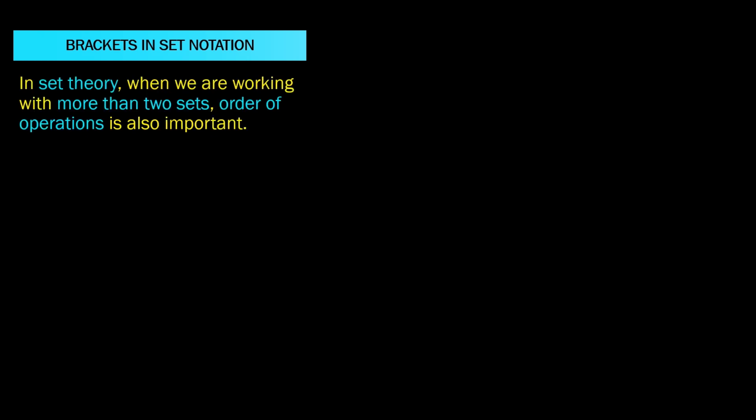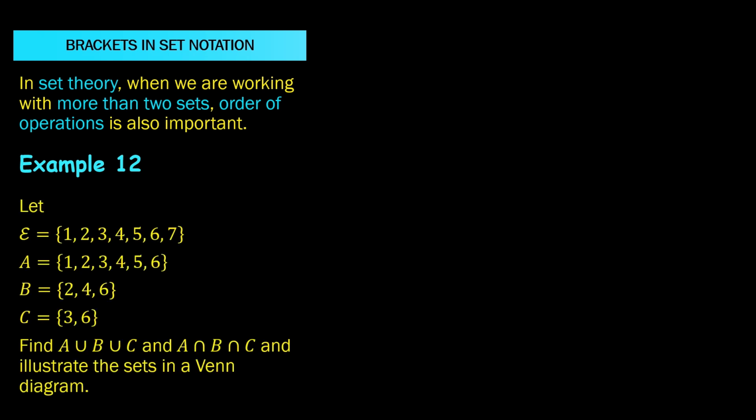Let's take a look at an example. We have the universal set E as shown, and the sets A, B and C as defined, and we're required to find A union B union C and A intersect B intersect C, and then illustrate these in a Venn diagram. So let's solve this.